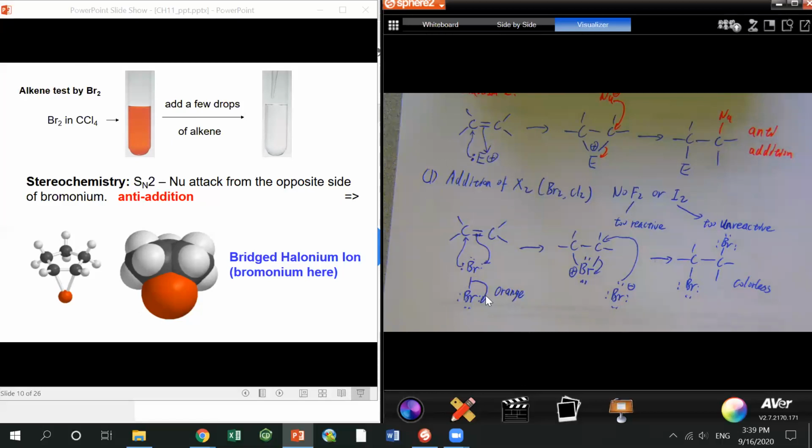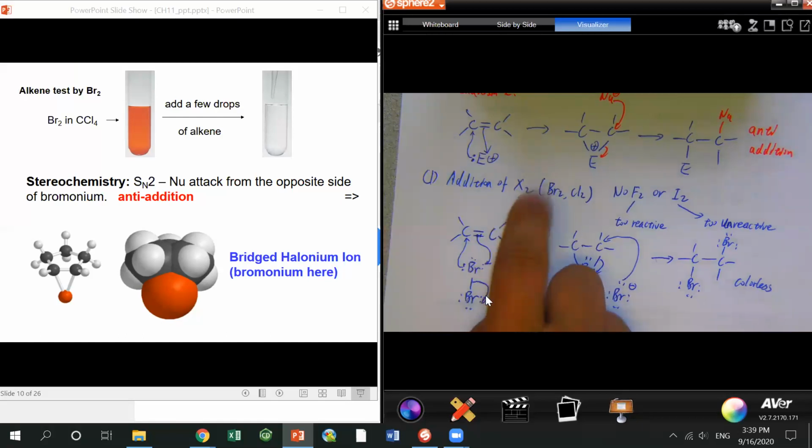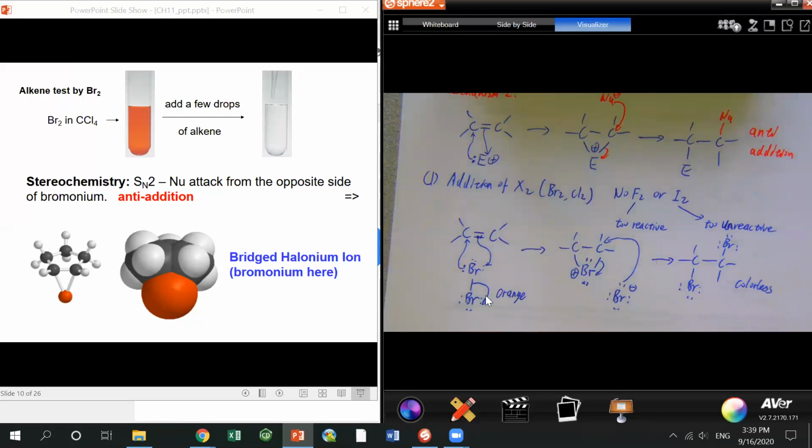Some other questions: there is regioselectivity, but I will talk about that later. Anti-addition is the first thing we need to talk about. The mechanism uses dihalide and some other substrates, so let me explain.